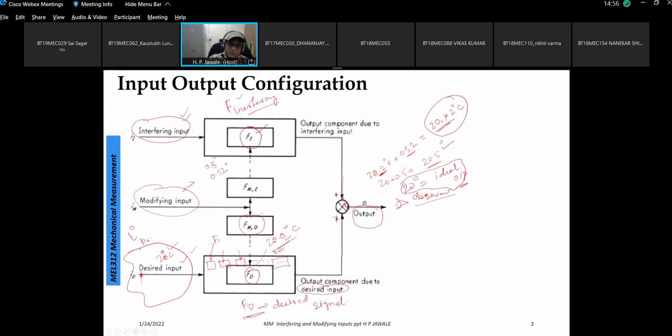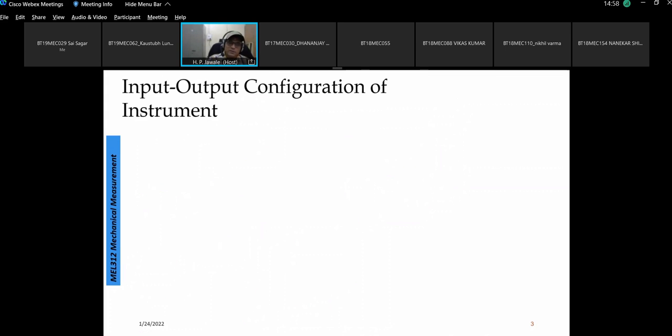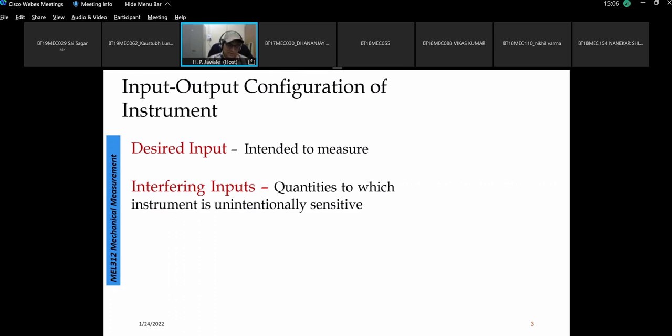So from the discussion itself, what we can understand is there can be the desired input, which is very much intended, that is to be measured actually. But because of some unintentional factors, we find quantities that are going to alter the input signals, and the instrument or measurement system becomes sensitive to that.